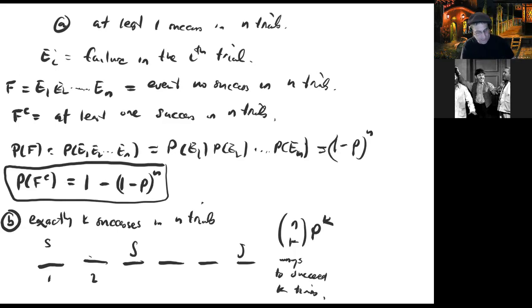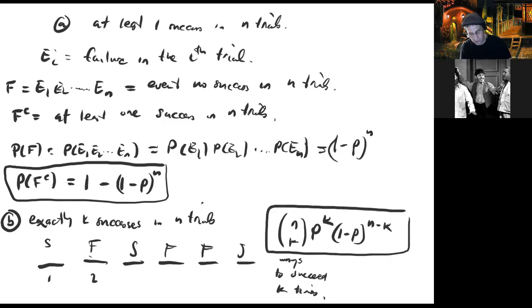And then the remaining things are failures, and there are n minus k of those. So it's (1 minus P) to the n minus k. So this is the answer: n choose k, P to the power of k, (1 minus P) to the n minus k, is the probability of obtaining exactly k successes in n trials.